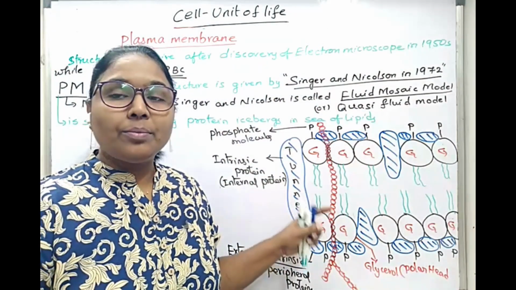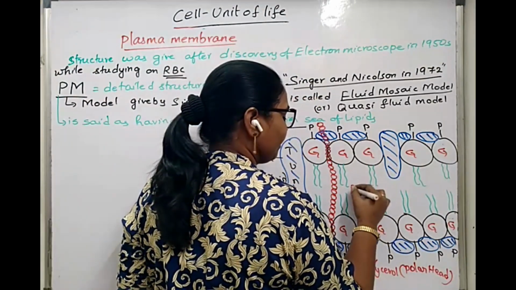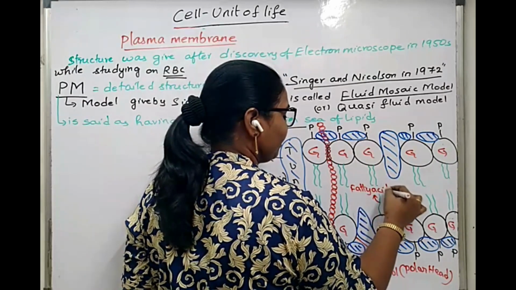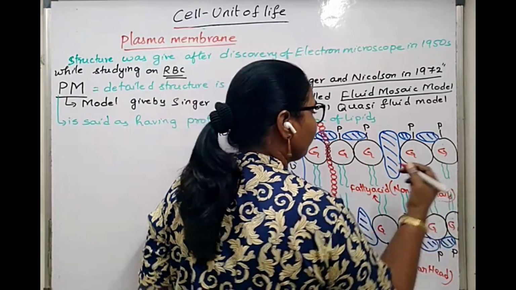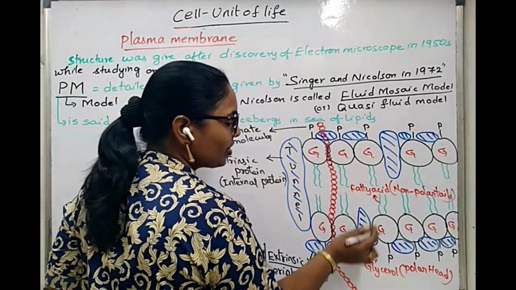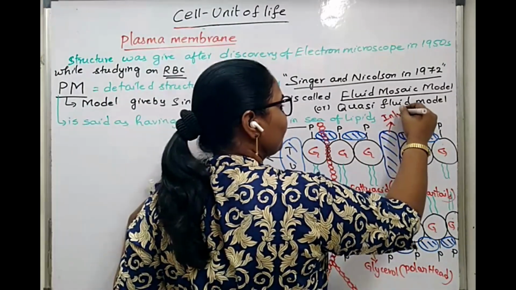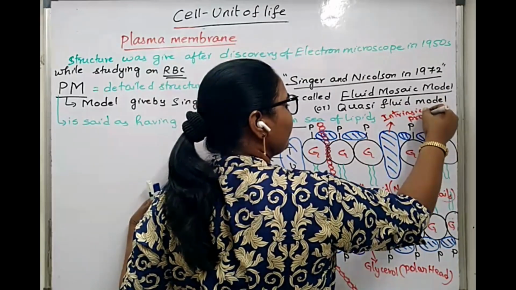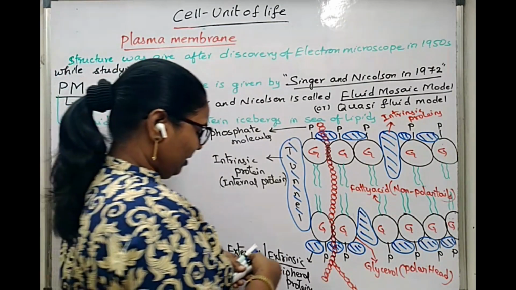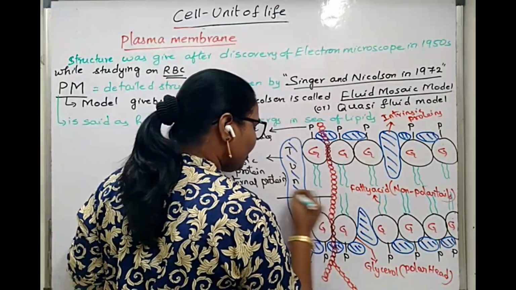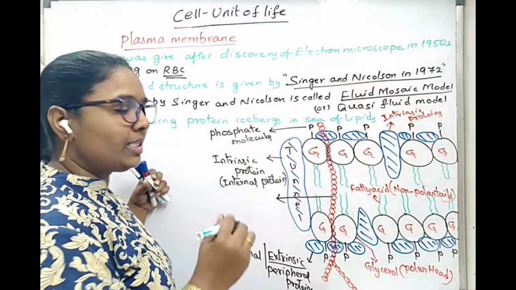They are said as non-polar tails. These are also intrinsic proteins or internal proteins. This one is carbohydrate attached to the protein molecule. So we give a term like these are glycoproteins.